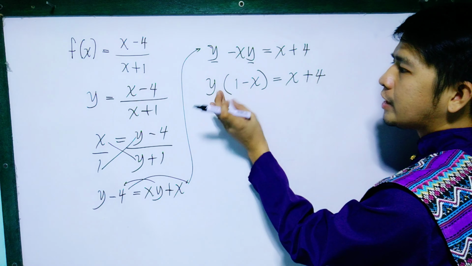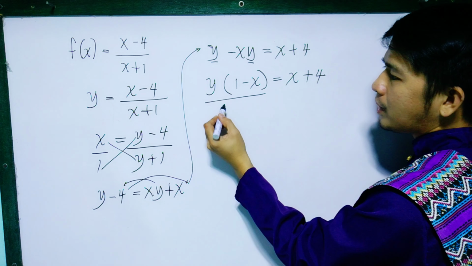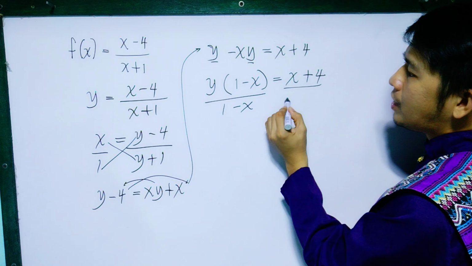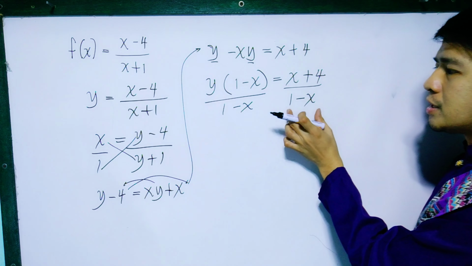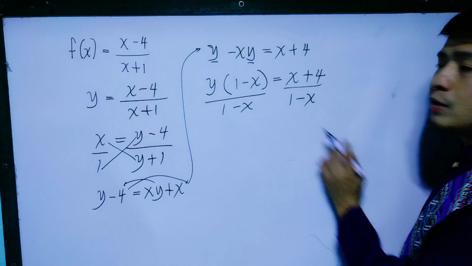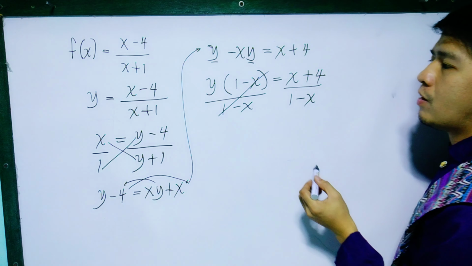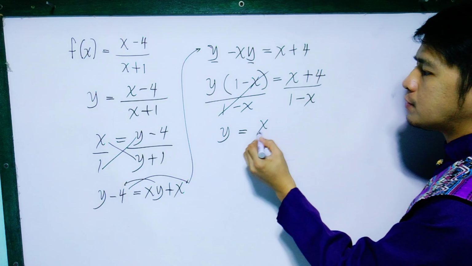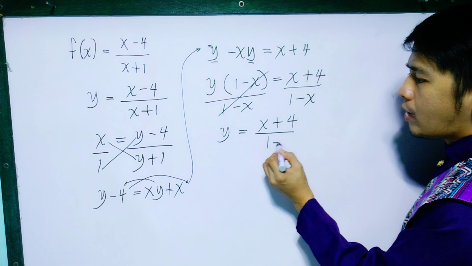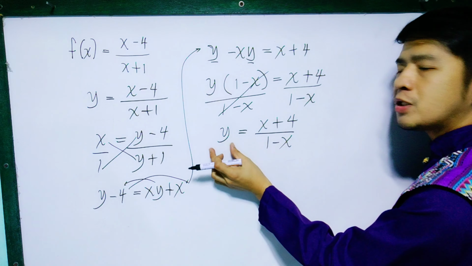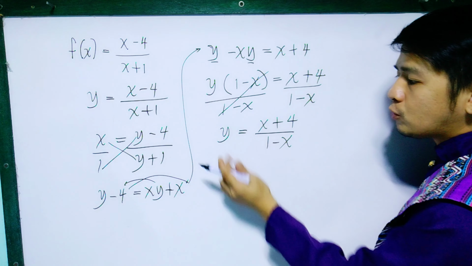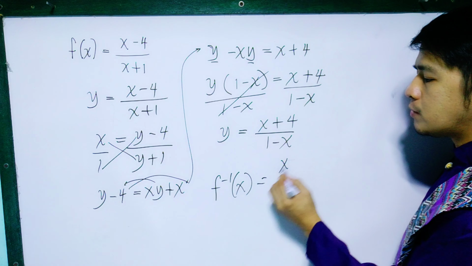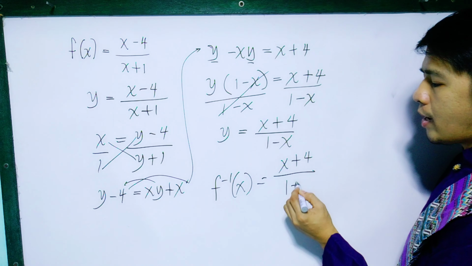Ang purpose nun, kaya nilabas natin si y para makapag-divide tayo ng kasama ni y na 1 minus x sa left, 1 divide by 1 minus x din sa right. And we can cancel this. Okay? Matitira na ngayon si y, which is x plus 4 all over 1 minus x. So, since nasolve na natin yung value ni y, we can now change y into f inverse of x equals to x plus 4 all over 1 minus x.